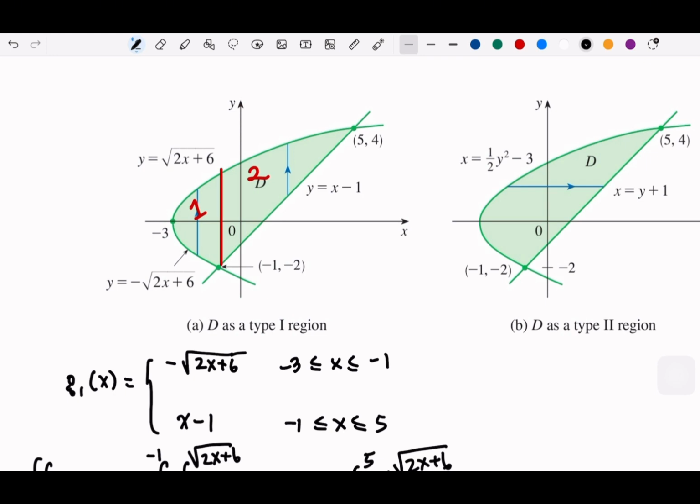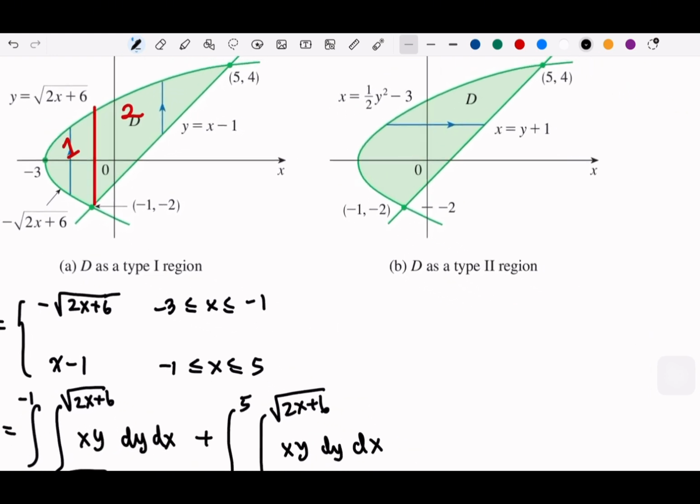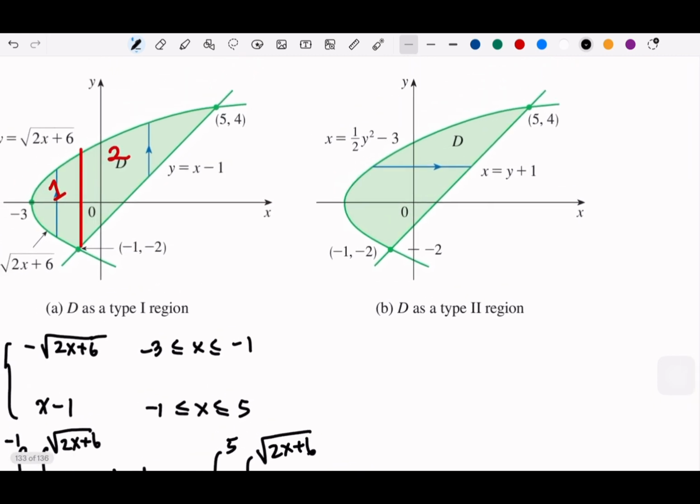For the second way, we just focus on the left, which is the lower endpoint, and the right, which is the upper endpoint. Suppose we have already got the intersections correct.